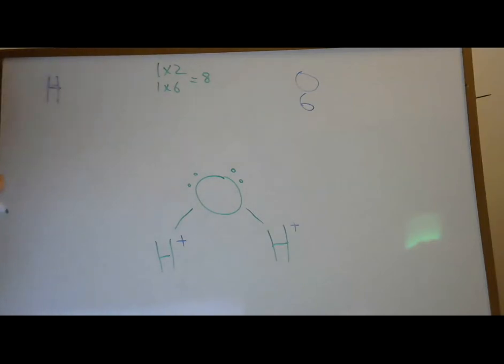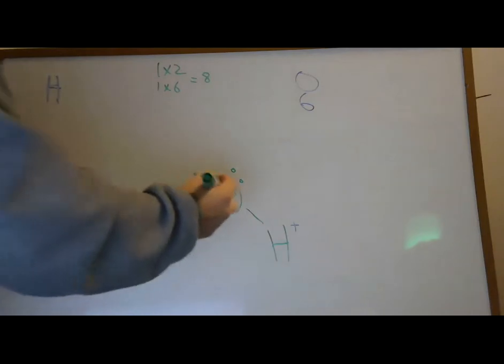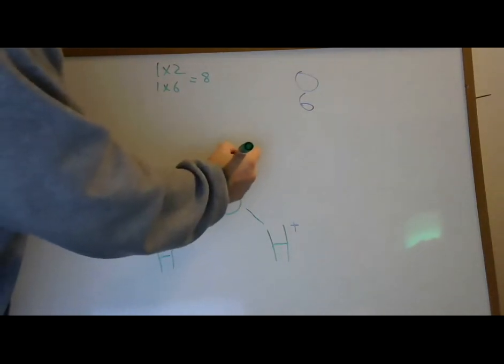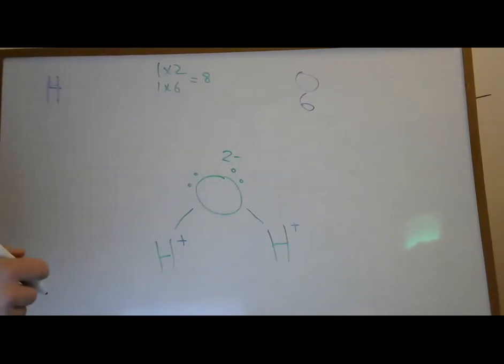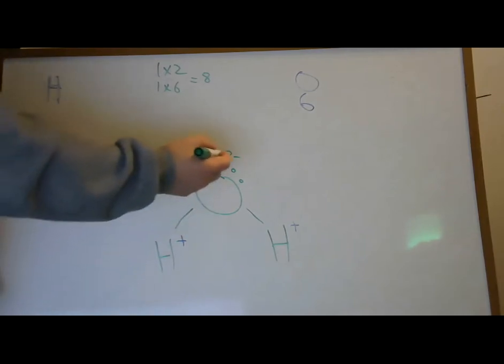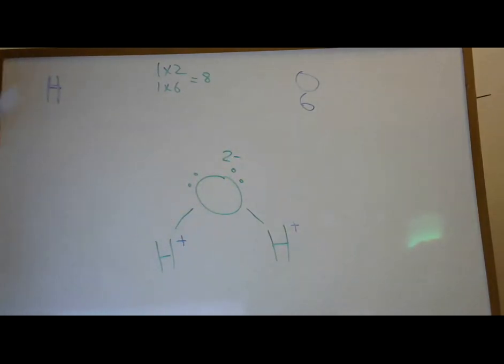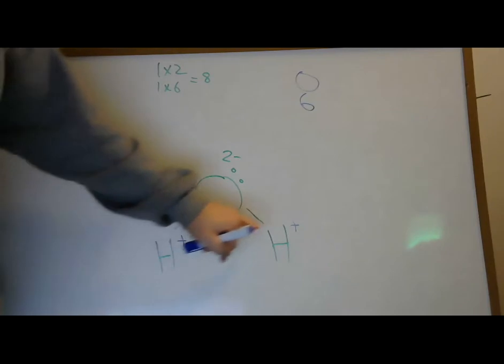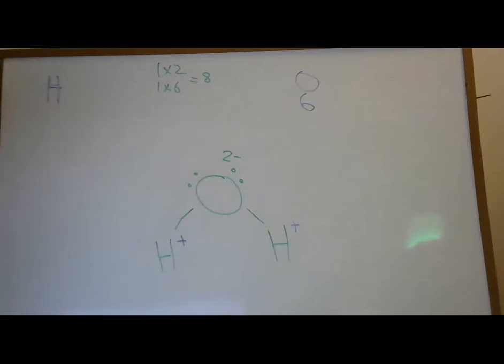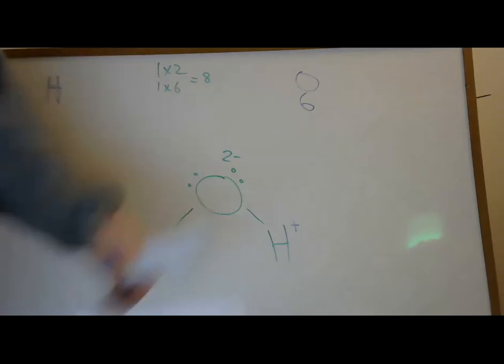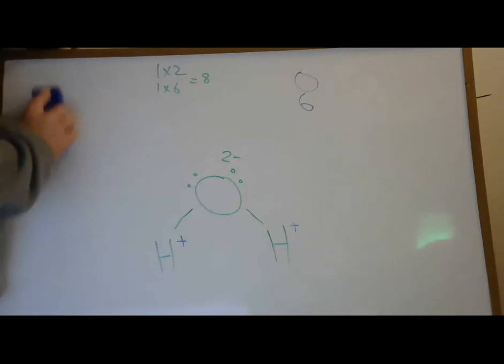I'll jump ahead a little bit. So oxygen in water is actually O2-, and the hydrogens are positively charged. Now, remember that as we work through now into hydrogen bonding.